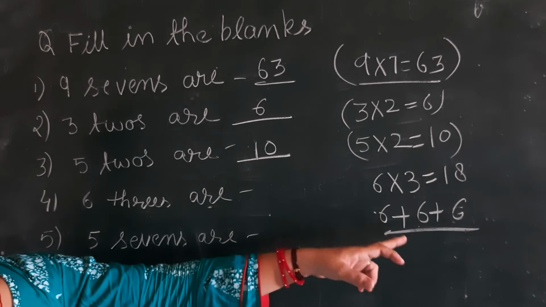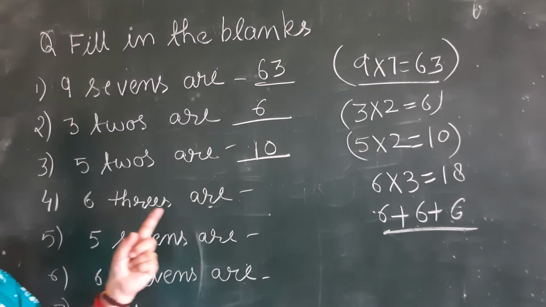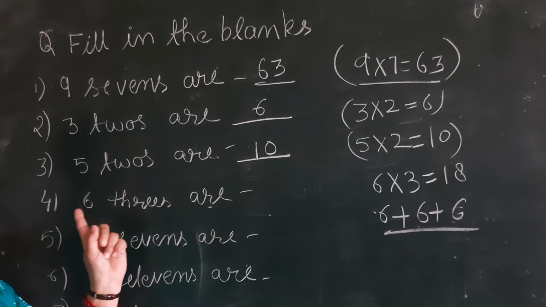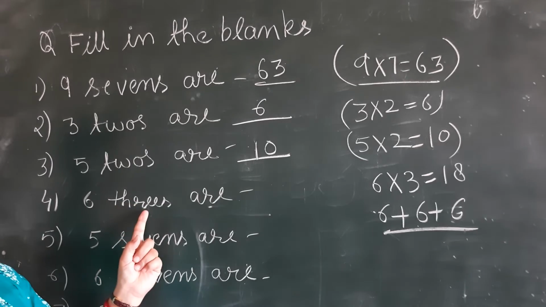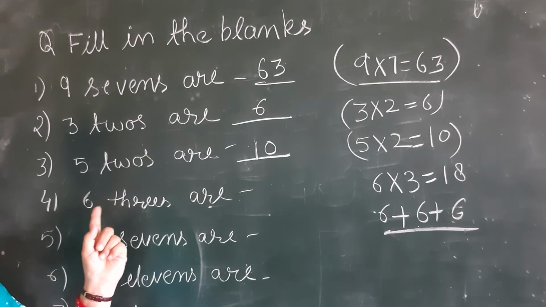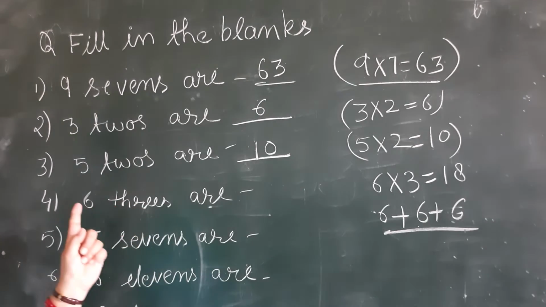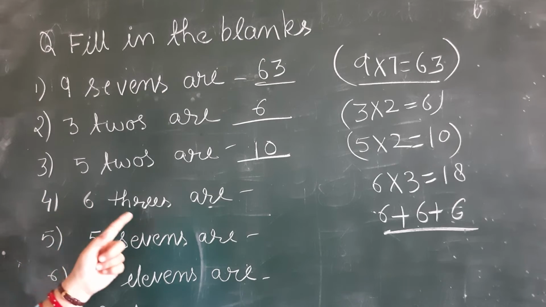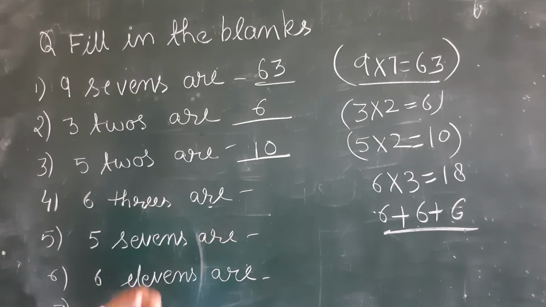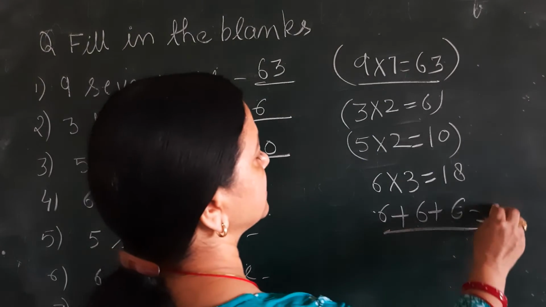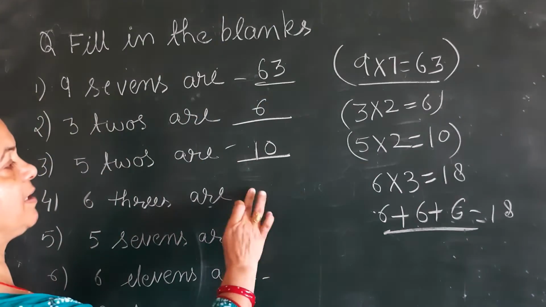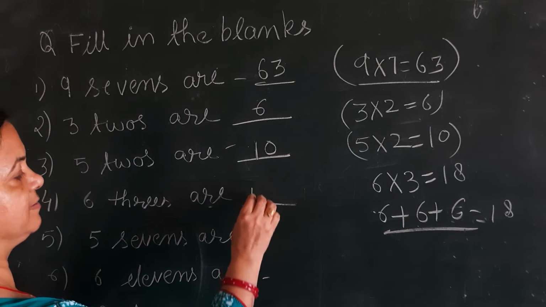6 3's are. It means we have to add this 6 three times, or we will just multiply 6 by 3. So our answer will come the same. What will be the answer here? 18.